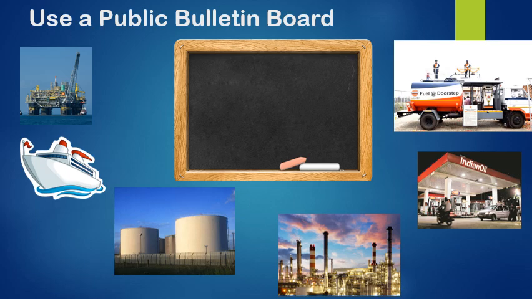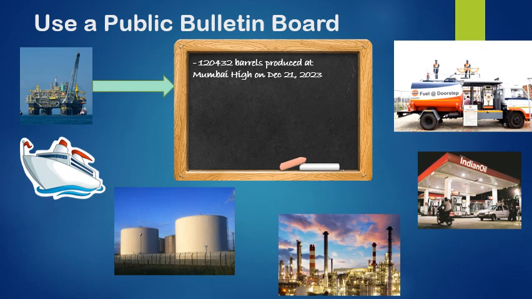So supply chain information is recorded over the blackboard, so that whenever some crude oil is getting produced, the corresponding stakeholder puts up the information on the blackboard. Say 1,20,432 barrels are produced in Mumbai on December 21, 2023.